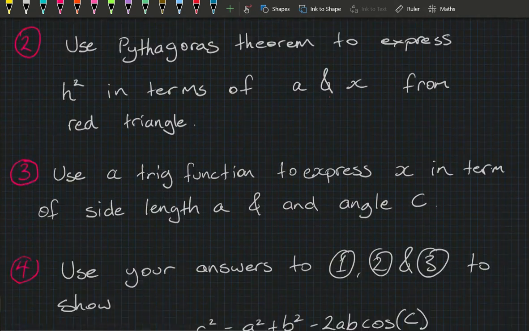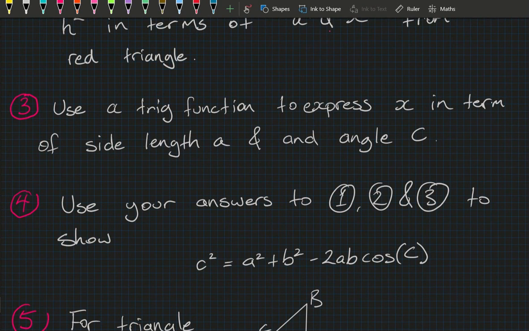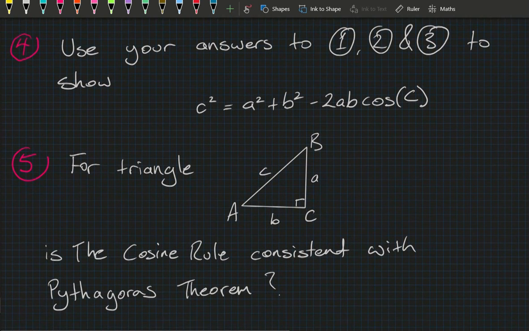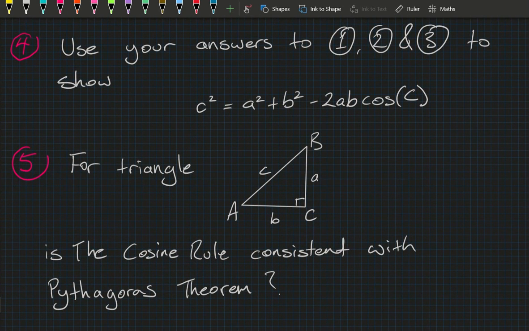Great. Now you're going to use your answers for parts 1, 2, and 3 to show that c squared is equal to a squared plus b squared minus 2ab cos C. Then part 5, we're going to look at this triangle where C is a right angle. I want you to use the formula for the cosine rule and tell me, is it consistent with Pythagoras' theorem?